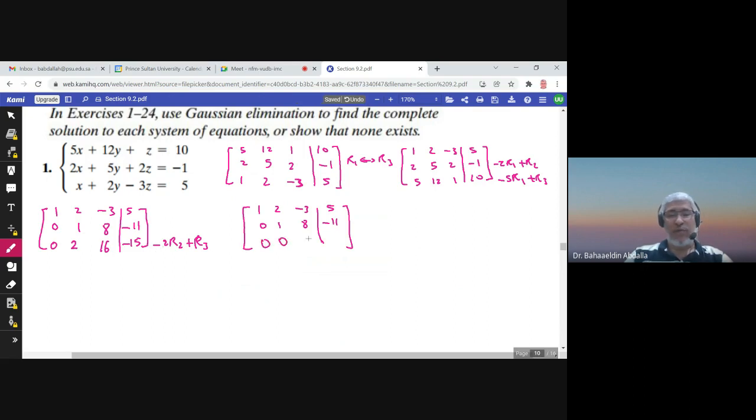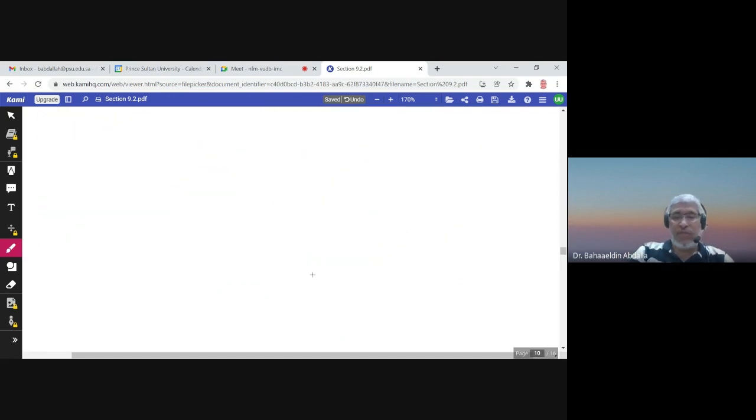Negative 16 plus 16, that's 0. Negative 2 times 11, that's negative 11, that's 22. Minus 15, that's 7. So I have 0 equals 7. This is impossible. So the solution set is phi, and there is no solution for this system. The system is inconsistent.